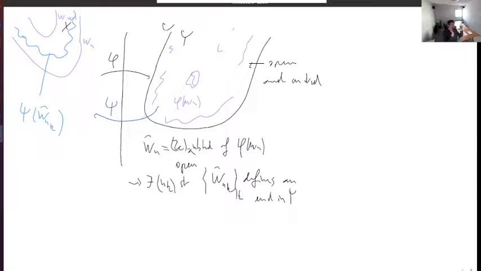So this is just a sketch. The idea is to show that when you have a quasi-isometry, there's a natural way of mapping an end to another end by this little procedure of thickening the image inside the next.